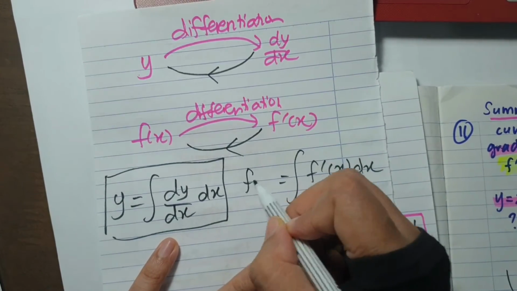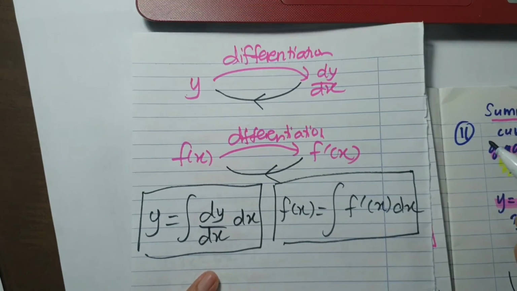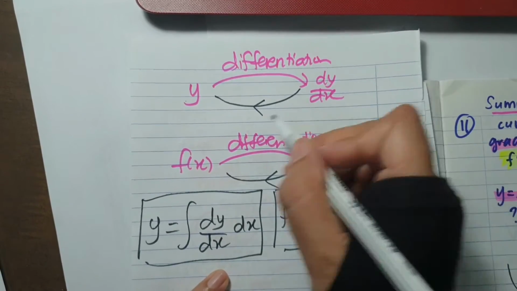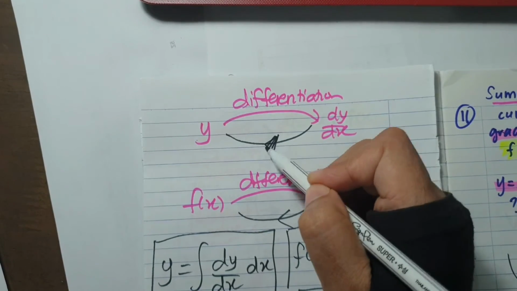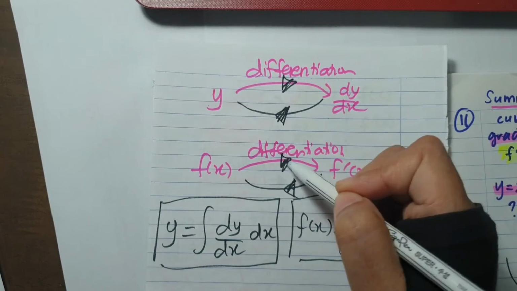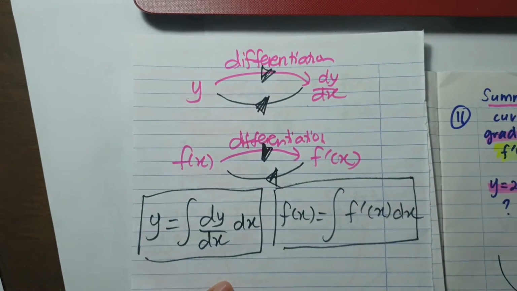The result is fx. Fx is the equation of the curve. Ni satu lagi konsep yang you kena faham. Sebab kita dah belajar integration is the reverse process of differentiation. Reverse. Ni arrow dia ke sana. Okay, ni dia reverse. Terbalik lah arrow dia. Opposite direction. Boleh? Ini konsep penting satu lagi yang you kena faham.